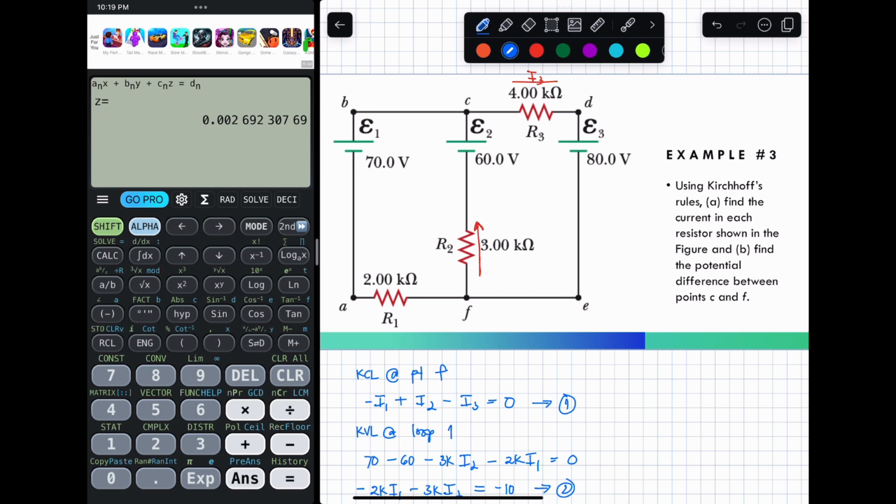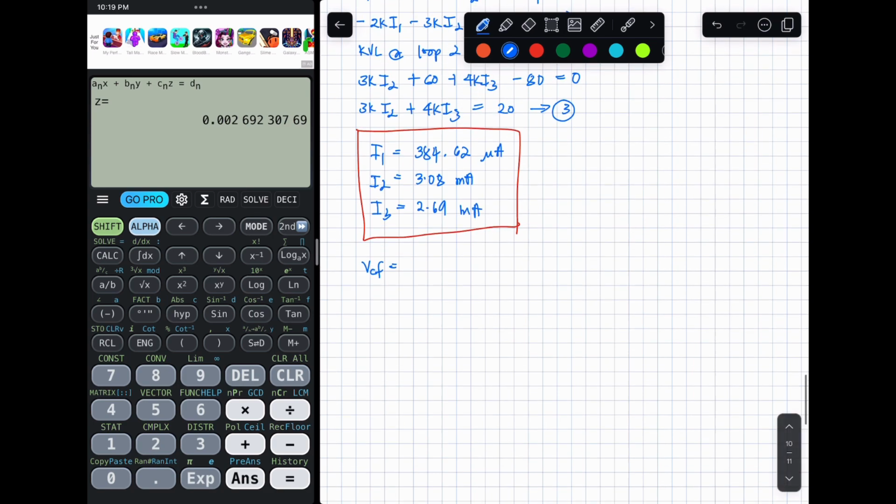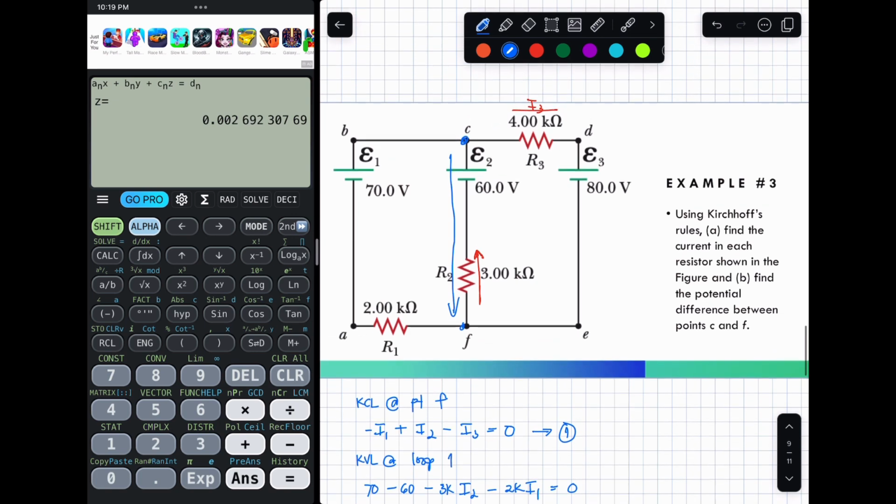But then we are to find the voltage from C to F, so this would be the direction of my loop. Therefore, VCF will be equal to, it enters the positive and then leaves the negative, so that makes it negative 60.